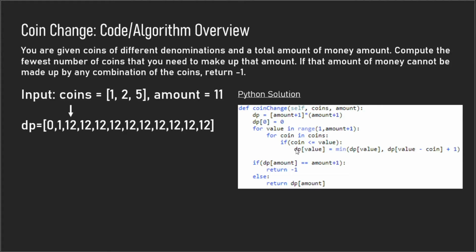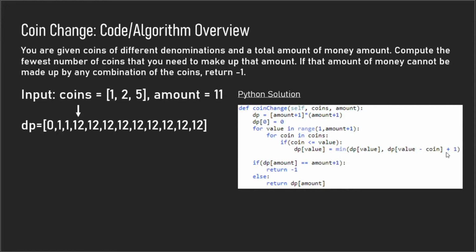We're not done yet because we're not done iterating through the coins array. So now when we get to the coin 2, we look at this line of code and we're choosing the minimum between the value 2, which is what's currently in the dp array, or dp of value minus coin plus 1, which would essentially calculate out to 1. So then dp of value becomes 1.